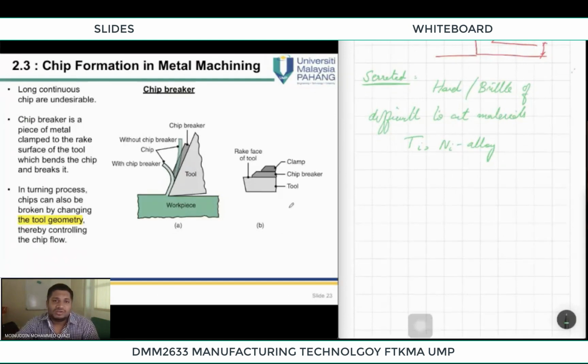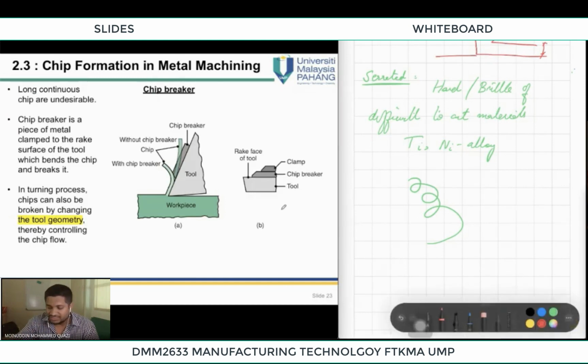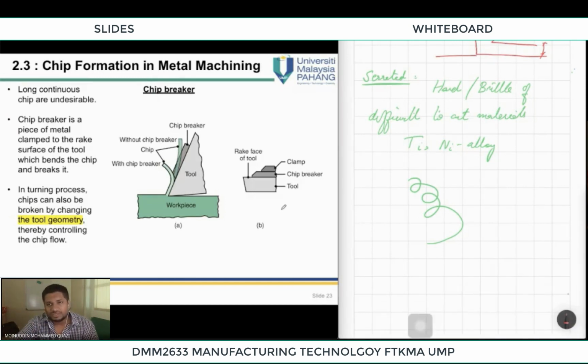If my chip is very long, then what happens? It can entangle between the tool and the workpiece and can produce vibration, or can produce a defective product. So to cut this very long chip, what we use is chip breaker. Chip breaker can be installed on the tool.